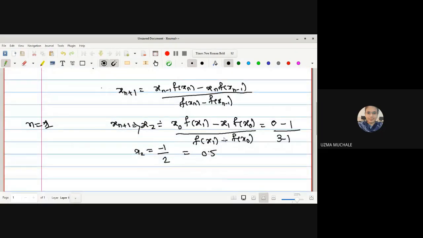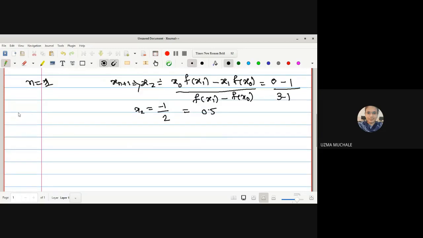So here we get the first value, that is x2 is 0.5. So in the first iteration we are getting the value of x2.